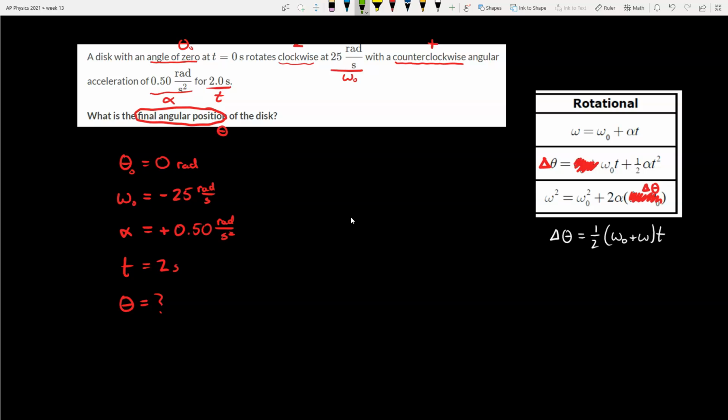So the only equation that doesn't have final angular velocity is right there. So let's go ahead and plug everything in, and let's start with that equation. Right, once we have this, we're trying to solve for the displacement, like how much does it move. So I already have it solved for that, so now I just need to plug in my values and see what I get.